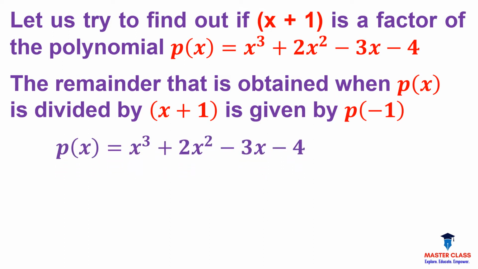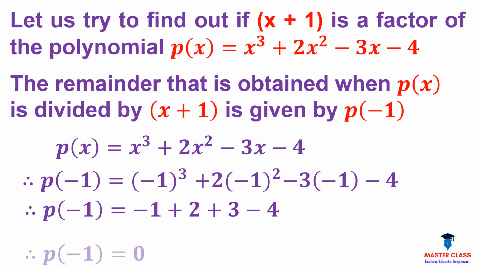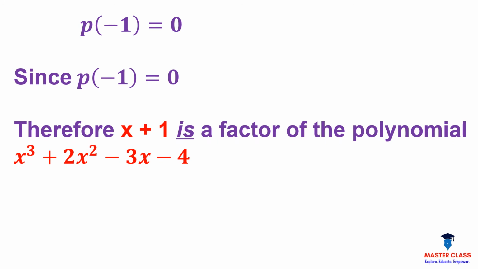If p of x is equal to x cube plus 2x square minus 3x minus 4, then p of minus 1 is equal to minus 1 the whole cube plus 2 into minus 1 the whole square minus 3 into minus 1 minus 4. p of minus 1 is therefore equal to minus 1 plus 2 plus 3 minus 4. p of minus 1 works out to be 0. Since p of minus 1 is 0, x plus 1 is a factor of the polynomial x cube plus 2x square minus 3x minus 4.